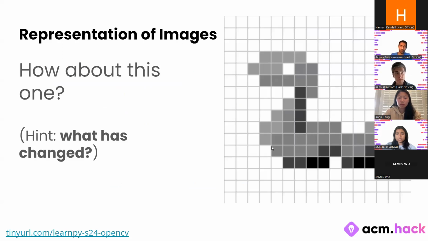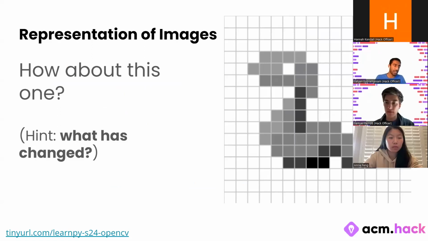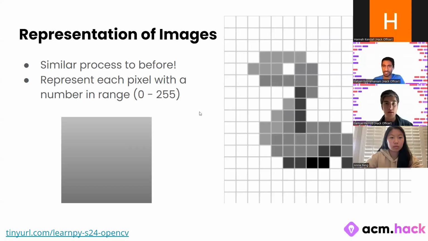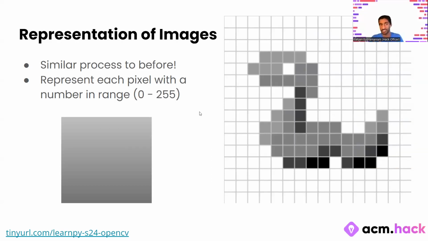Okay, so now I've changed the image slightly. Take a second to think about how we can represent this one. What you'll note is that instead of a black and white image, it's grayscale now, meaning that all the values are on a single color scale, but it's obviously not a full color image.